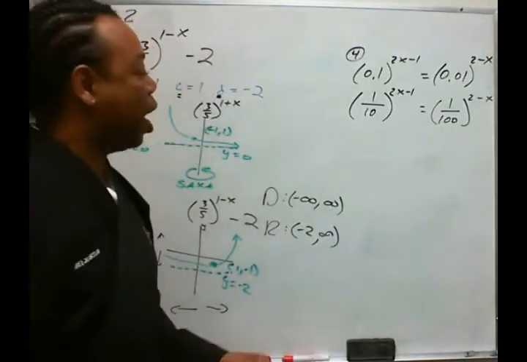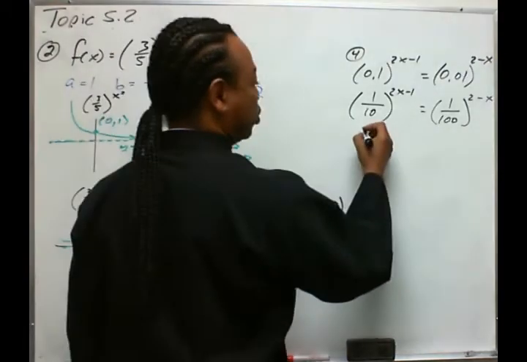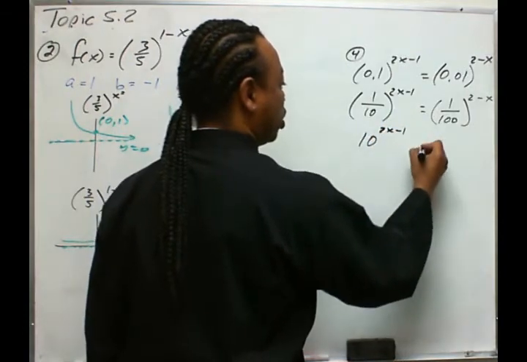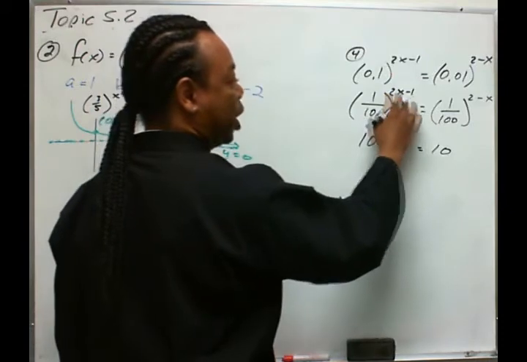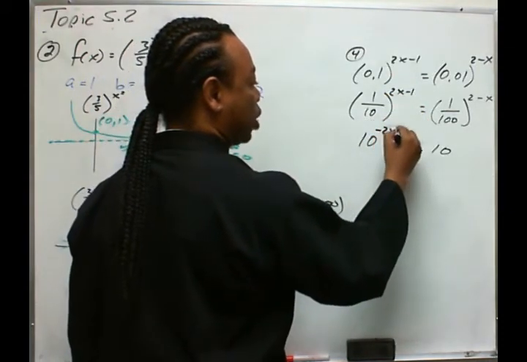Okay. Now I'm going to take the reciprocal of the bases. This will give me whole numbers. And so this will become 10 to the 2x minus 1, and when I take the reciprocal of the base, it will change the signs of the exponents. So this becomes 10 to the negative 2x plus 1.